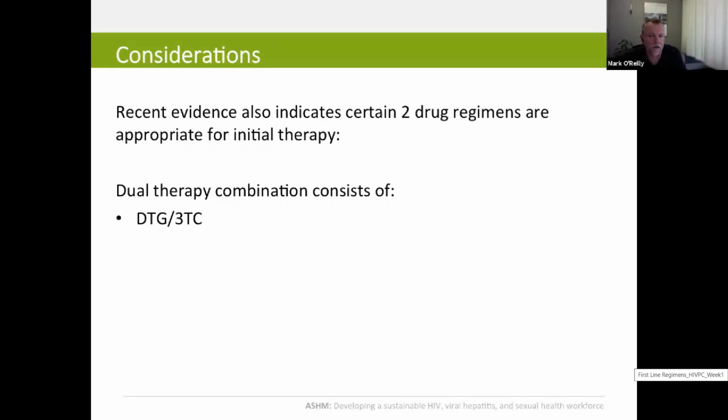So provided an individual has a baseline HIV viral load less than 500,000, they do not have hepatitis B co-infection, and we have their resistance genotype back, that dual therapy option could be considered along with the other first-line regimens.